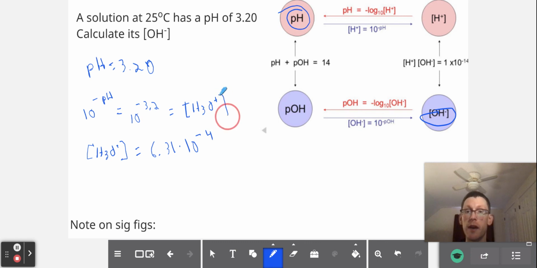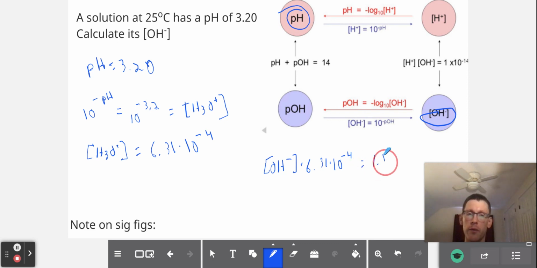Of course, this has not got us to the end. We now need to use the Kw. So we will say that concentration of OH minus times 6.31 times 10 to the negative fourth is equal to our 1.0 times 10 to the negative 14th, our Kw.